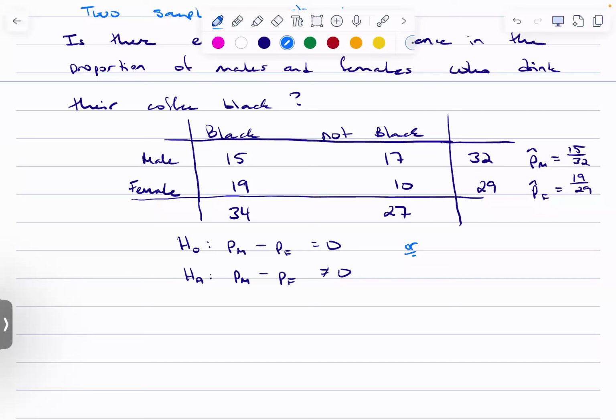Or if you prefer, you could write your null hypothesis as PM is equal to PF, just by adding one of the proportions, probably the last one, to the other side, right? It's easier to see that you're comparing the two this way, but this is how we find our point estimate, right? PM hat minus PF hat.